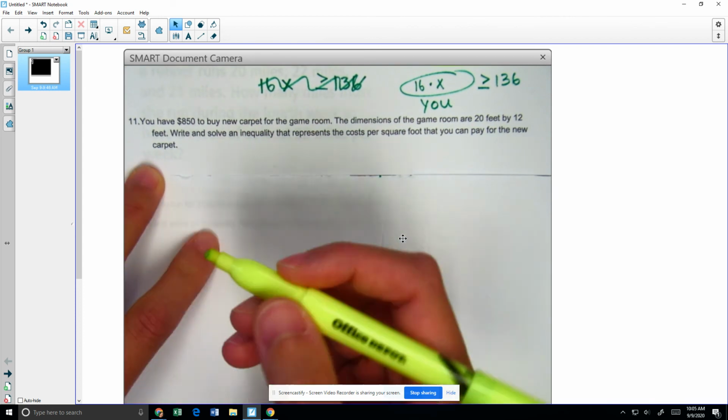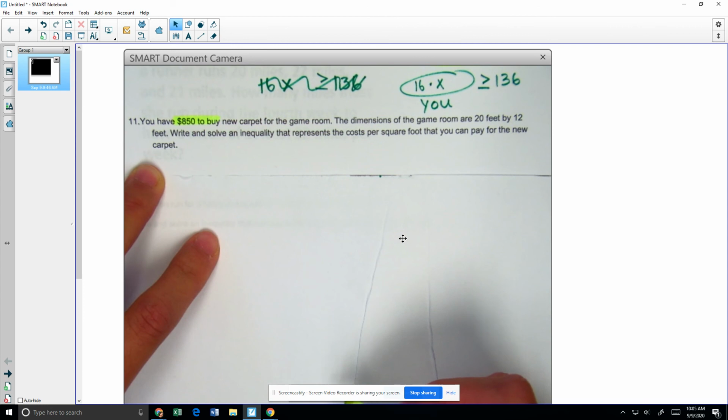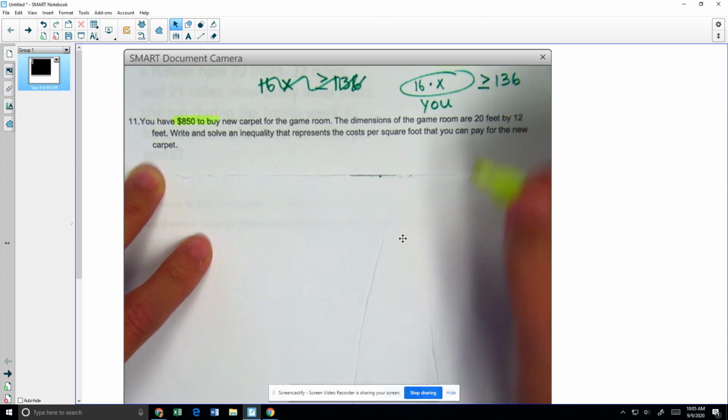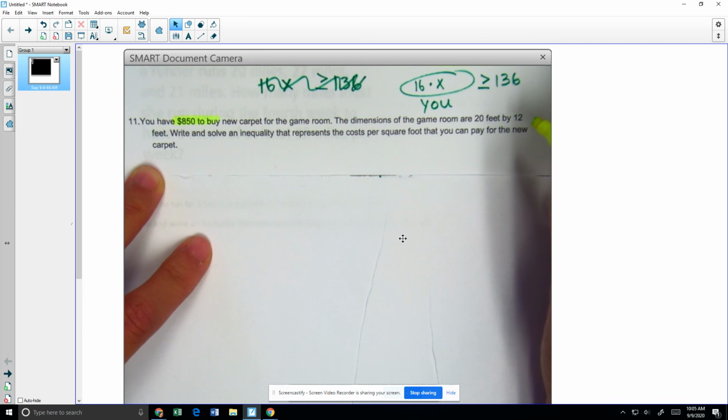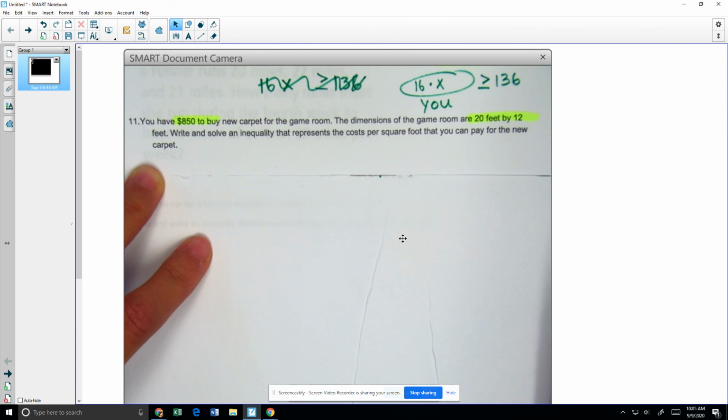Okay, let's try another one. You have $850 to buy new carpet for the game room. The dimensions of the game room are 20 feet by 12 feet. Write and solve an inequality that represents the cost per square foot that you can pay for new carpet.